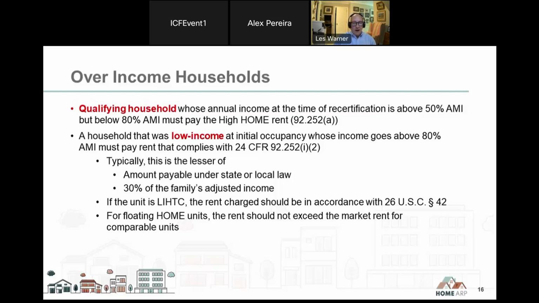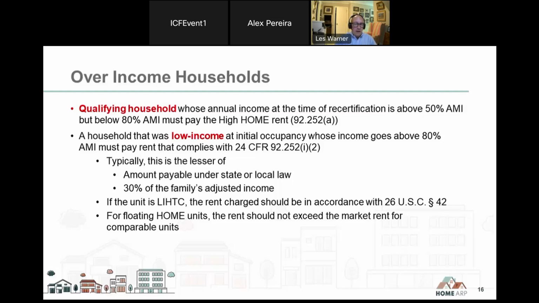So that's based on what's going to be affordable for a household that's between 50% and 80% of area median income. If you're not familiar with high and low HOME rents, you should know that they are published on an annual basis by HOME. So it's not something that you need to try to figure out and calculate. Those would be published and available on the HOME-ARP website.